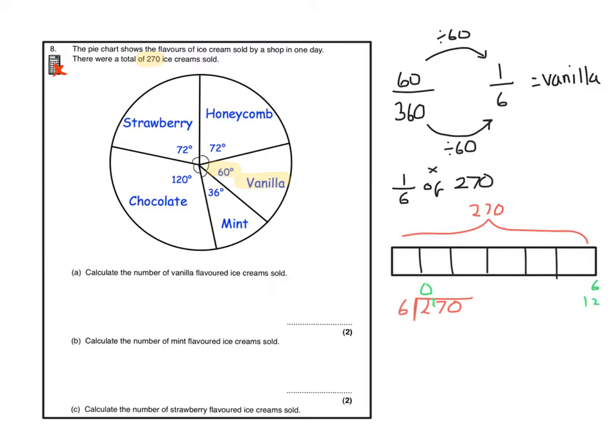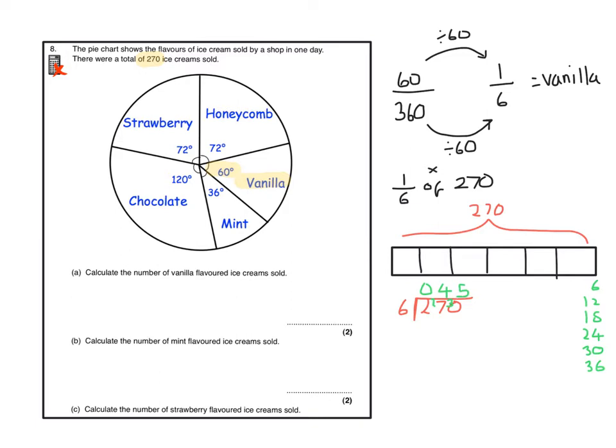6, 12, 18, 24, 30, 36. I'm just going to stop there for now. So 6's into 27 is 1, 2, 3, 4, and there's 3 left over. And then 6's into 30 is 1, 2, 3, 4, 5.